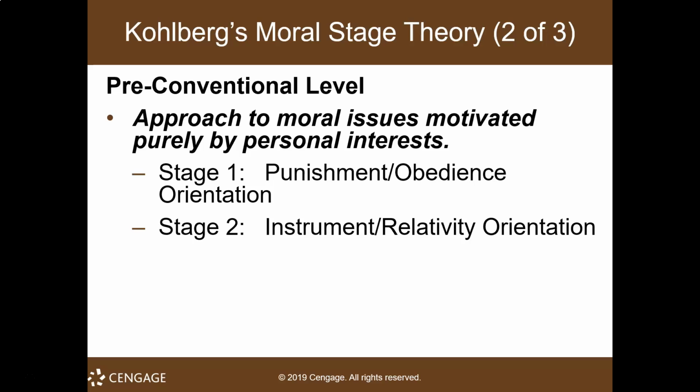Young children first start sharing when they perceive benefit to themselves, such as giving someone their doll in exchange for a game or a ball, or they grudgingly share because they fear punishment. Okay, so stage 1 would be the punishment and obedience orientation, and then part 2 would be the instrumental relativist orientation.